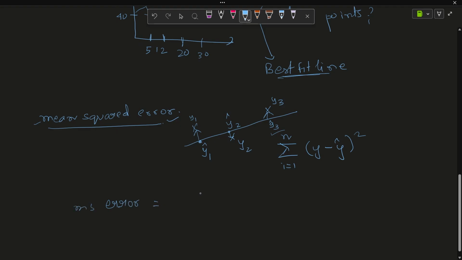What is this? It's like this. See, y1 minus y1 hat, y2 minus y2 hat. You can just replace things like this, because you are finding the distance and squaring things out. So why are you squaring things out? Because if somewhere you find a negative, it can happen, right? If you take y2 minus y2 hat, it will be negative, because y2 is greater. That's why you are squaring things out, so that none of them is negative.